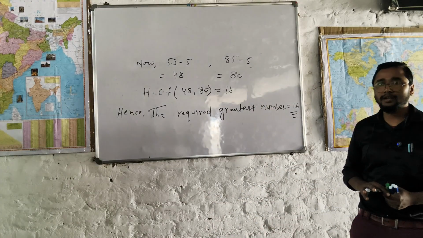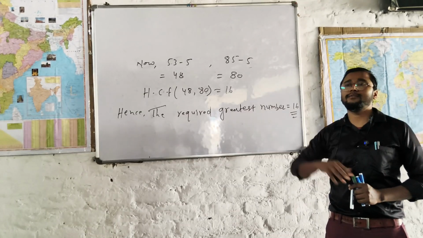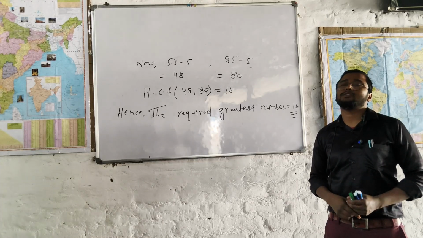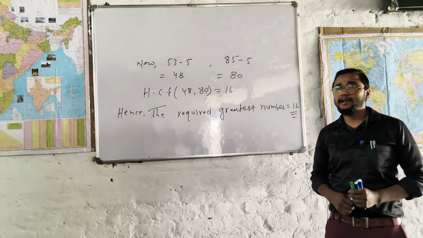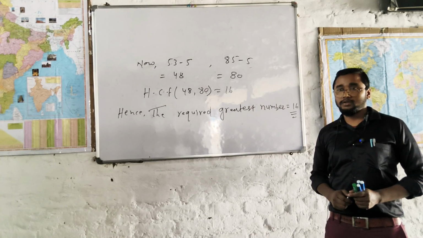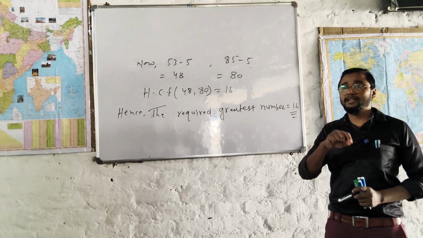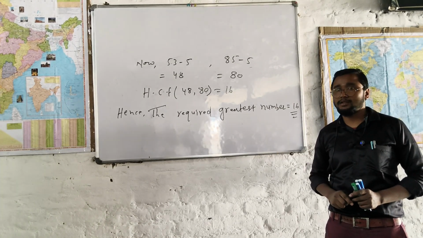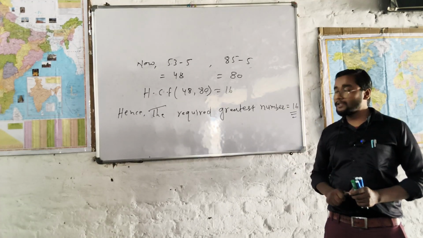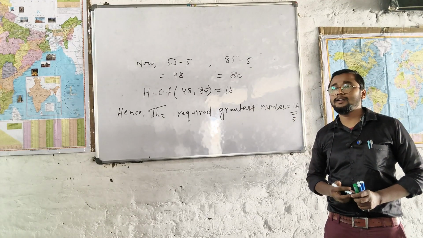The question was saying, find out the greatest number that divides 53 and 85, giving the remainder 5 in each case. I hope you understood that. Let me just remind you one more time. Find out the greatest number that will divide 53 and 85, giving remainder 5 in both the cases, in case of 53 or in case of 85. So what is the answer, guys? 16 is the answer. Did you understand that?